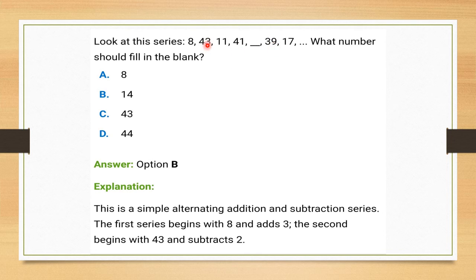Here we can see that the 43, 41, 39 series is in descending order where they are deducting 2 from every alternative number. 43 minus 2 is 41, 41 minus 2 is 39. But in the other series, they keep on adding 3 to the next alternative number. If we add 3 to 8, it comes to 11. If we add 3 to 11, we'll get 14. If we add 3 to 14, we'll get 17. The answer is 14.